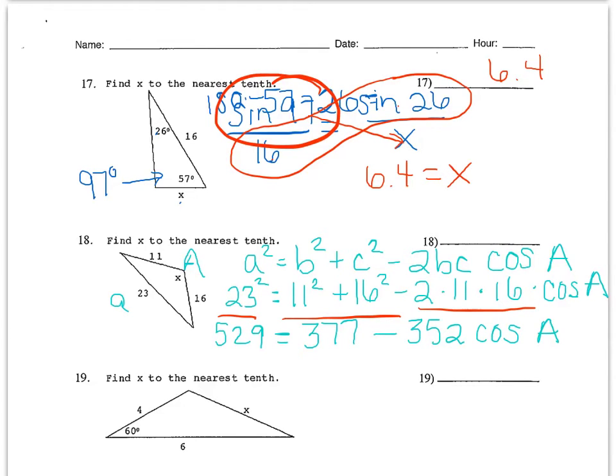Okay, now I'm going to solve this like an equation. So to get rid of that 377, I'm going to subtract 377. Okay, 529 minus 377 leaves me with 152.